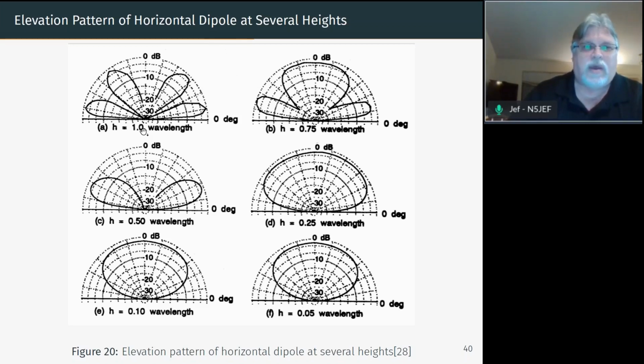So a dipole 1 wavelength above ground will be very unstable, create a lot of fading. And back to the topic here, this is the best DX antenna, and this is the best NVIS antenna. And the only difference is how high above the ground, 1/4 wavelength versus a half wavelength.